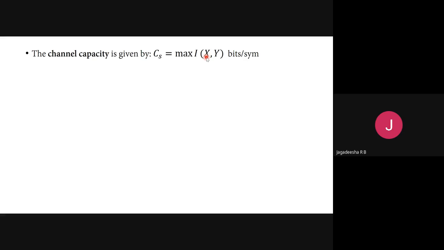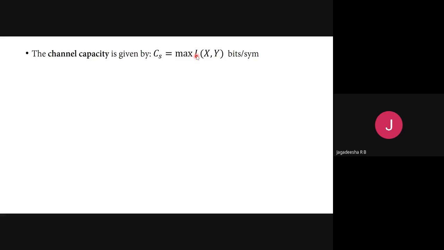If you're transmitting 0, we have a probability PE or PA, and if you're transmitting 1, we have a probability 1 minus PA or PI, whatever. When you consider these cases, you get different values for I(x;y) for different values of x. From that you choose the one that gives the maximum. That is the maximum channel capacity. For different values of x, as well as y, you find the mutual information.